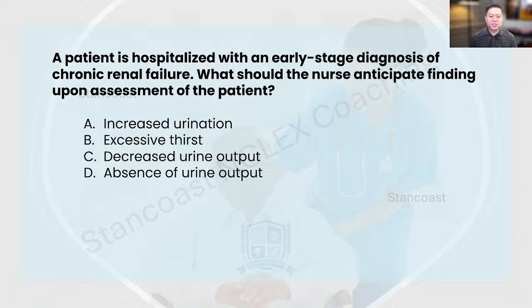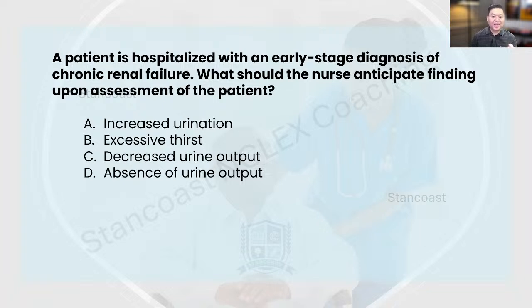Letter A, increased urination. Well, in the patient with the early stage diagnosis of CRF or CKD, the kidneys will often lose their ability to concentrate the urine. That is the first occurrence. And so this will now cause the person to pee a whole lot, polyuria, okay?